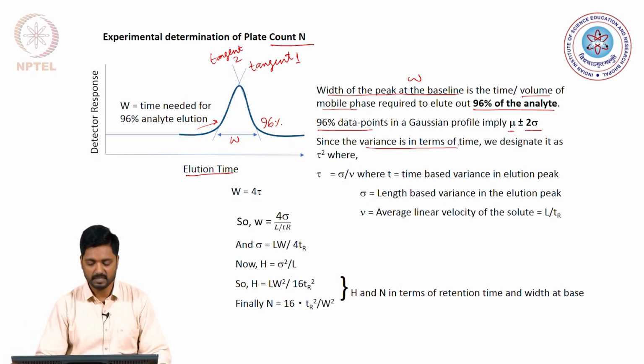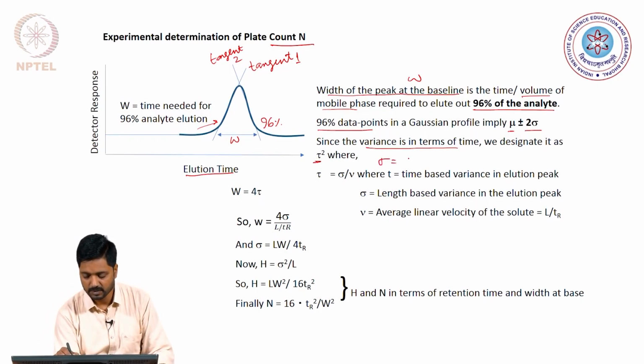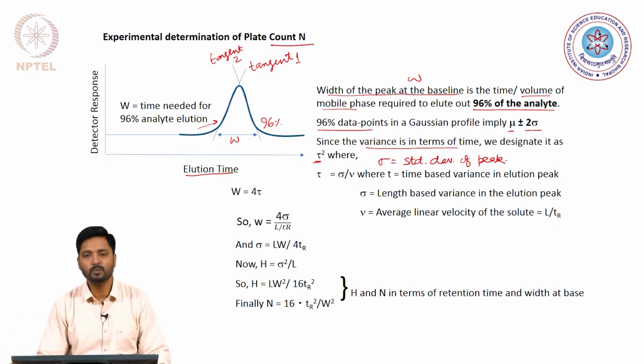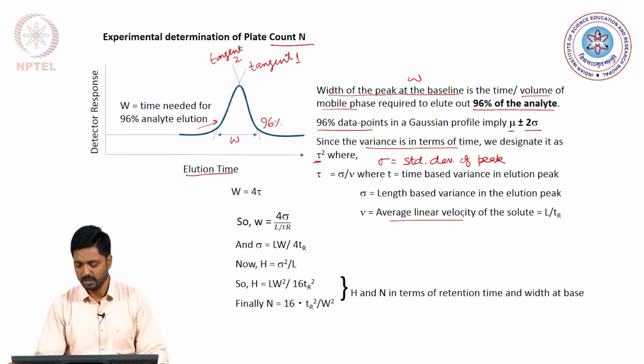We designate it as tau square, and tau is given as sigma by V, where sigma of course is the standard deviation of this peak, and nu is, as we had discussed earlier, the average linear velocity of the solute, and the average linear velocity of the solute we have already seen can be described as the length of the column divided by the retention time of the particular solute.